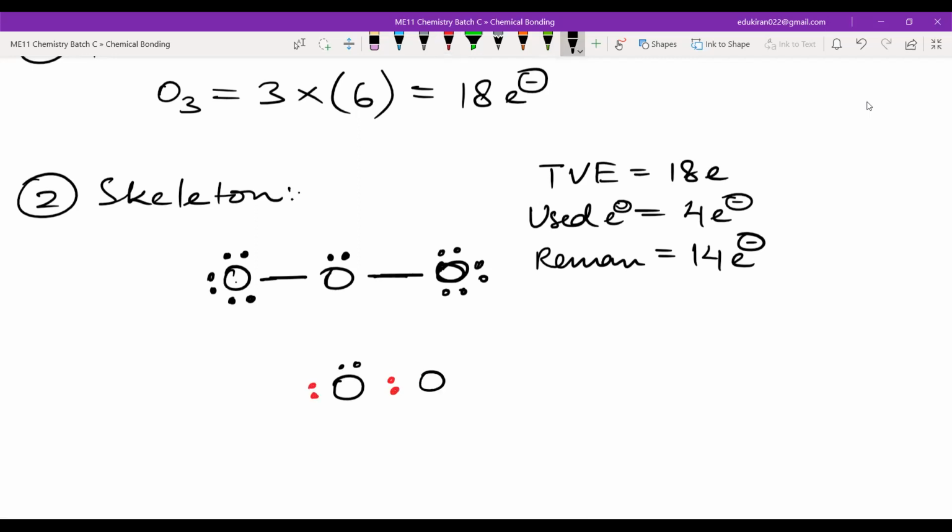Then you have this oxygen here with its 6 electrons. Another oxygen with its 6 electrons. Right?